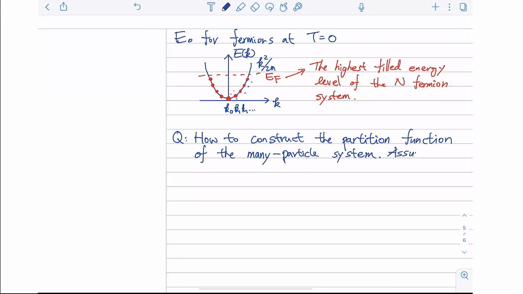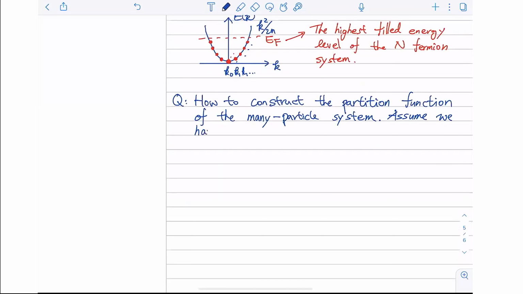Here we assume we have fixed particle number to be n first.